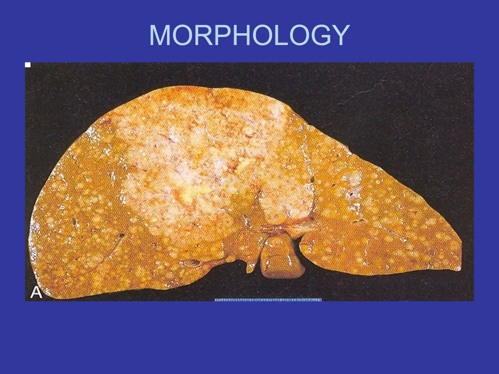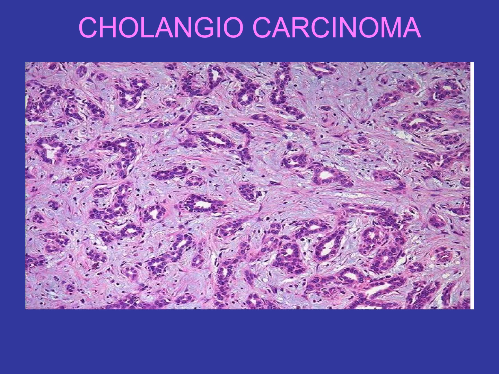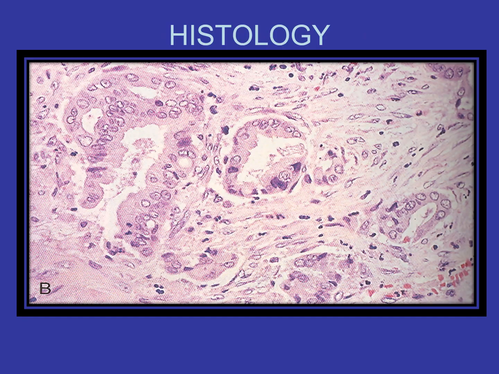If we see the histology, you can see small tubular structures surrounded by desmoplastic tissue. These are the two important features. The cell lining shows a high N/C ratio and marked cellular pleomorphism. So this is the histological picture of cholangiocarcinoma. Again, you can see a high power view of it. Similarly, these ductule-like structures are surrounded by fibrous tissue here.